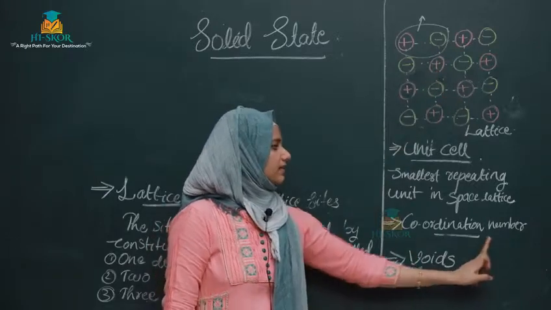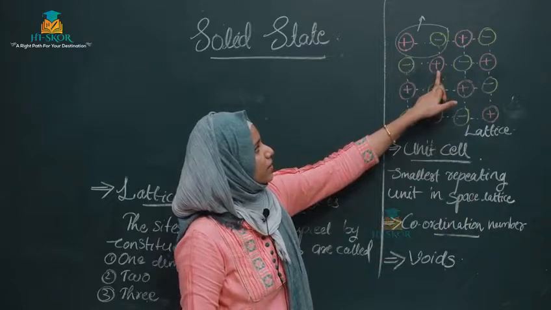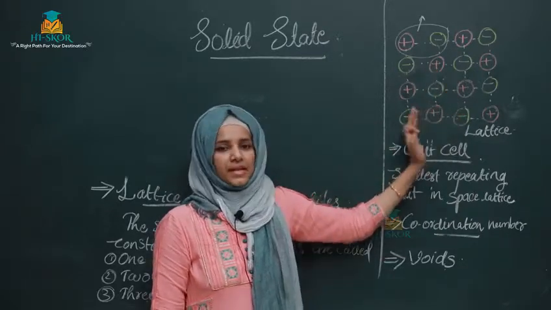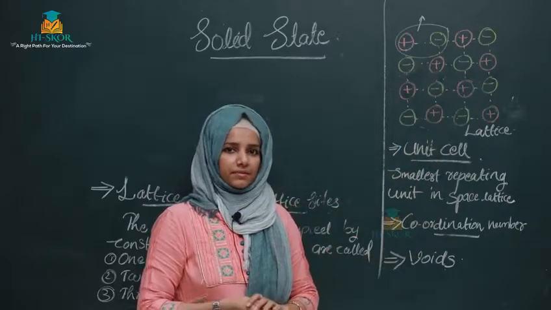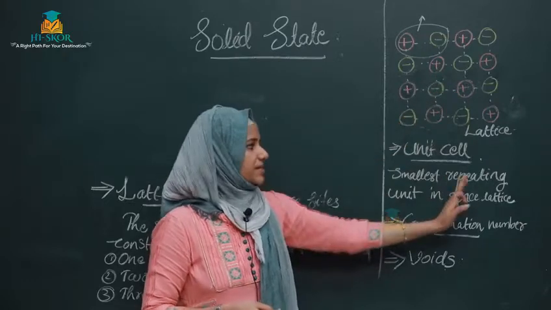Here the coordination number of this positive charge is 4. So what is coordination number? The number of nearest neighbors of an ion is called its coordination number.